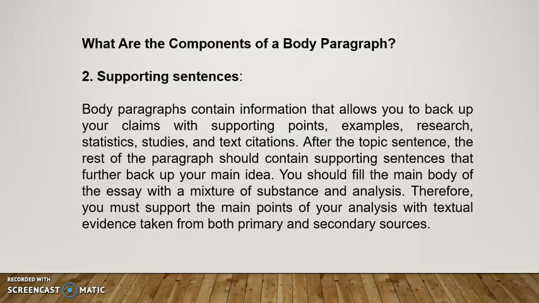After the topic sentence, the rest of the paragraph should contain supporting sentences that further back up your main idea. You should fill the main body of the essay with a mixture of substance and analysis. Therefore, you must support the main points of your analysis with textual evidence taken from both primary and secondary sources.